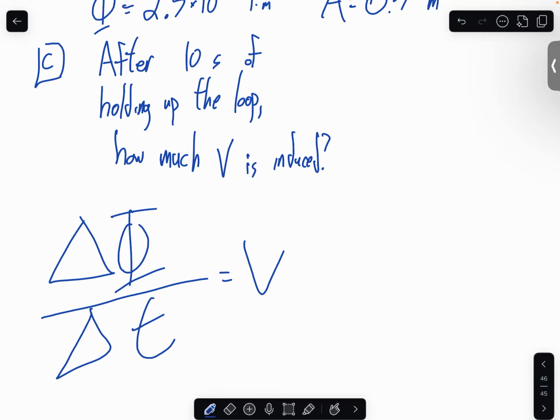I'm just gonna stand here. This way. What does this symbol mean?